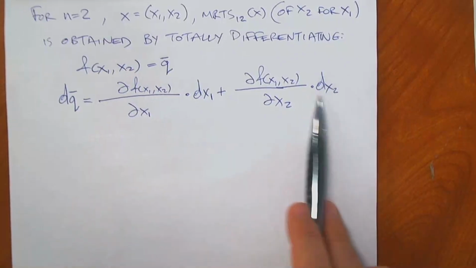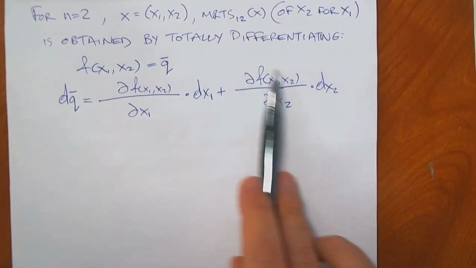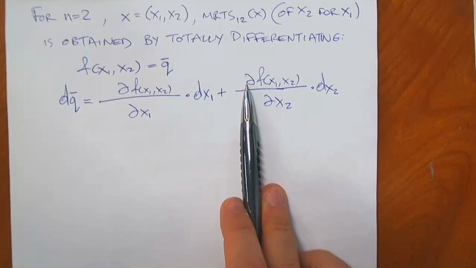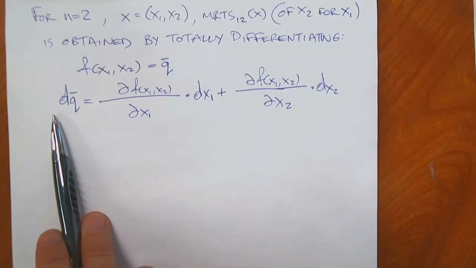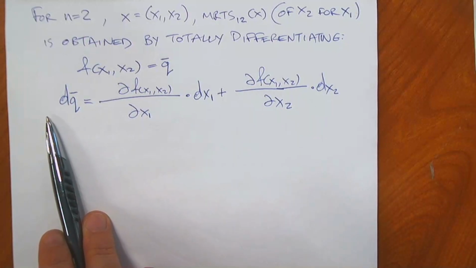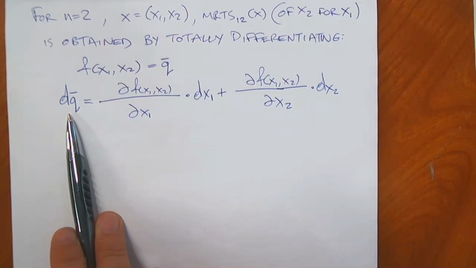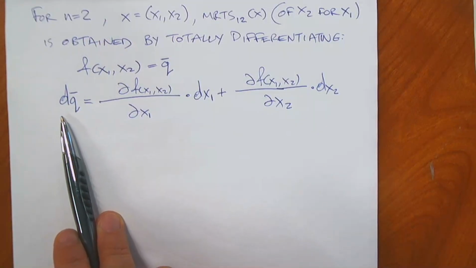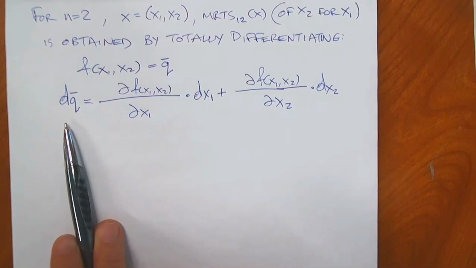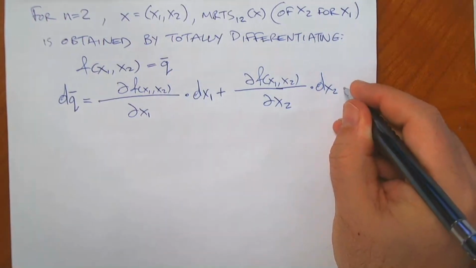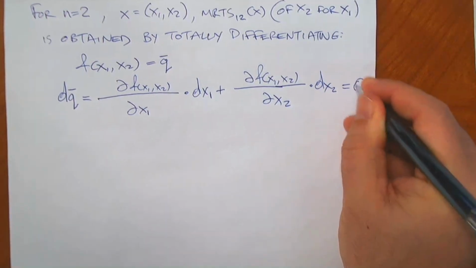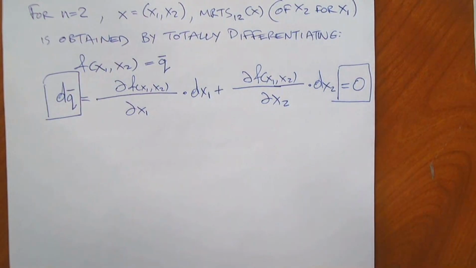If you change x2 by a little bit, how much is the value of the f going to change? This is going to define how much your f is going to change, symbolized as q. But guess what? We are keeping q constant, so we need to set this equal to 0, right? Because we really do not want to change that q. So this is set equal to 0. So remember this. That's how you work on an isoquant, because you keep the total production the same.